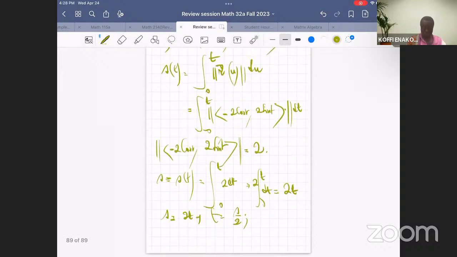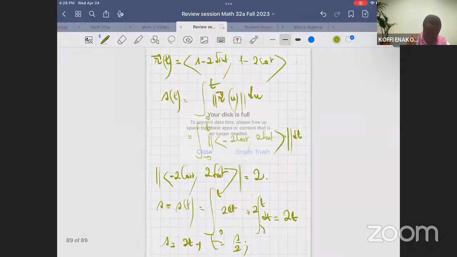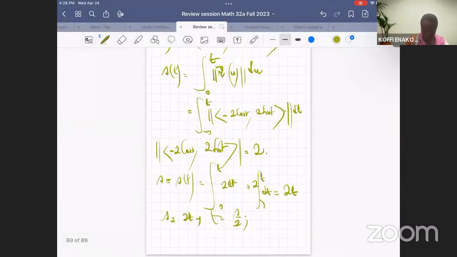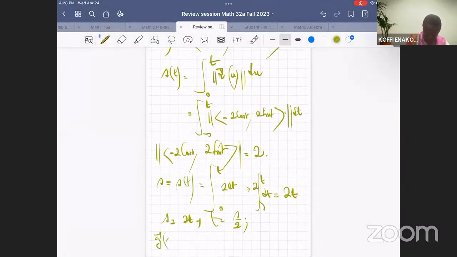So with that, I have s that is twice t, so t is s divided by 2. So the arc length parameterization of the curve, g of s, will be 1 minus 2 the sine of s over 2, and the second component.